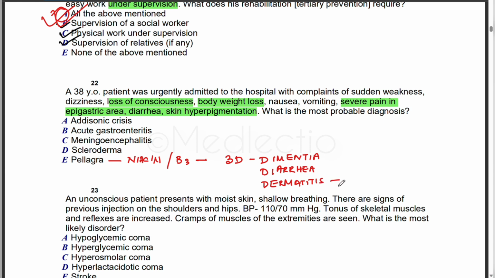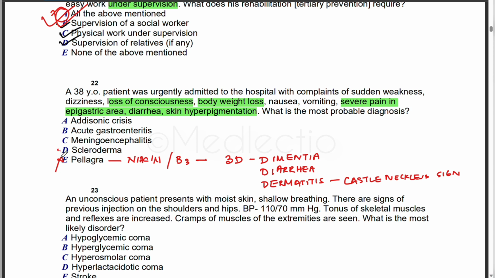In dermatitis we have a specific sign, you can see the photo on the internet. It's called Casal necklace sign. We don't have anything like this here, so pellagra is out.